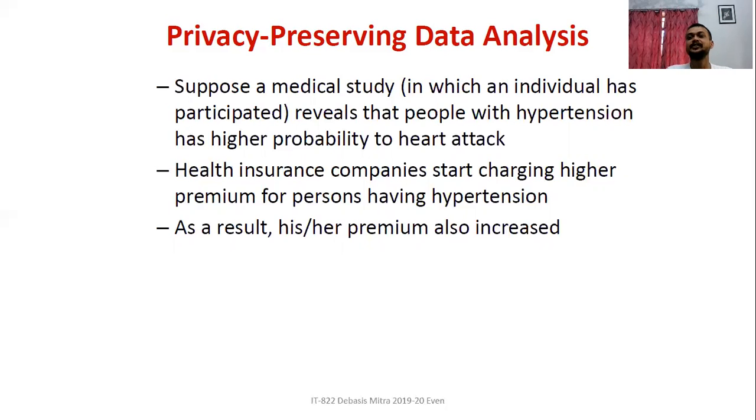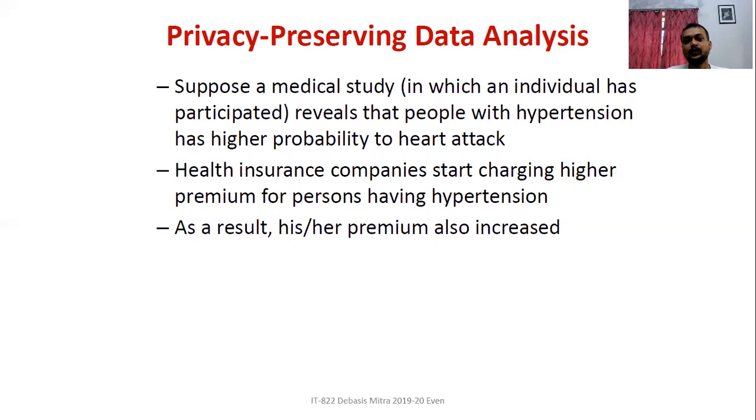So health insurance companies may use this data for every individual client and ask them to declare whether they have hypertension or not, and based on that they may charge different premiums from different individuals. And as an individual participant, he may claim that it is finding something new for me, and for that I have to pay more premium, and so it is breaching my privacy.